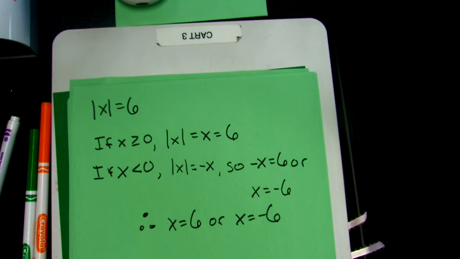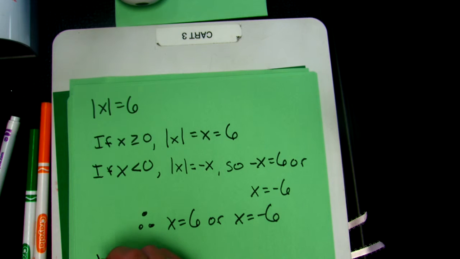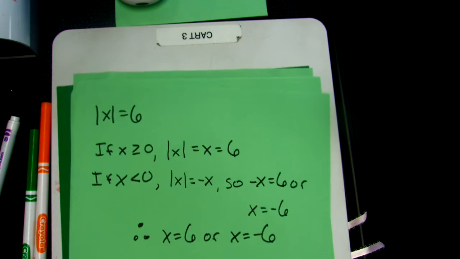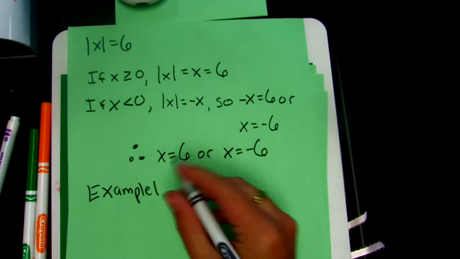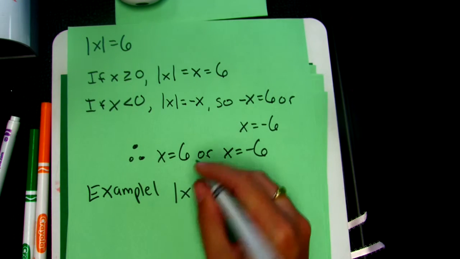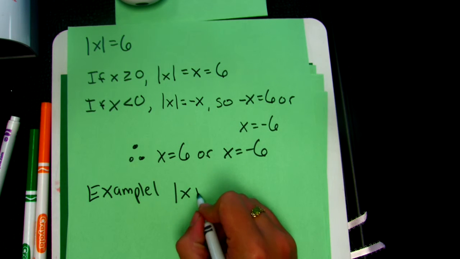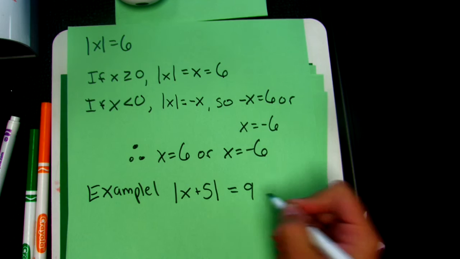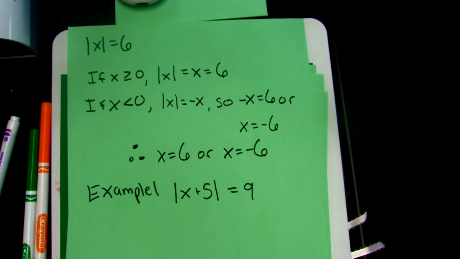So let's look at example 1, which says that the absolute value of x plus 5 is equal to 9. Okay, so the absolute value symbol is isolated on the left.